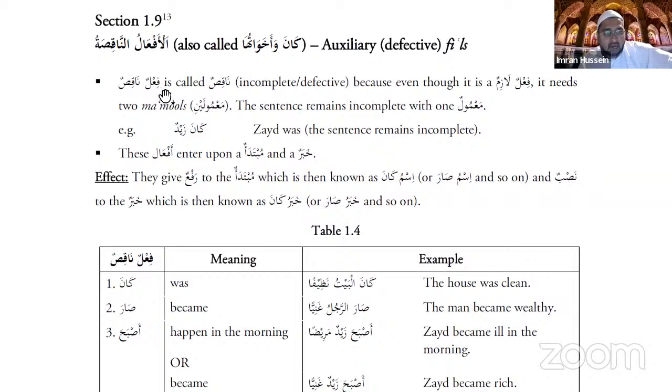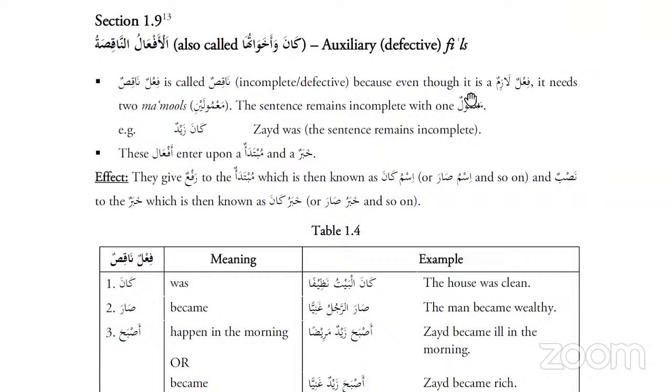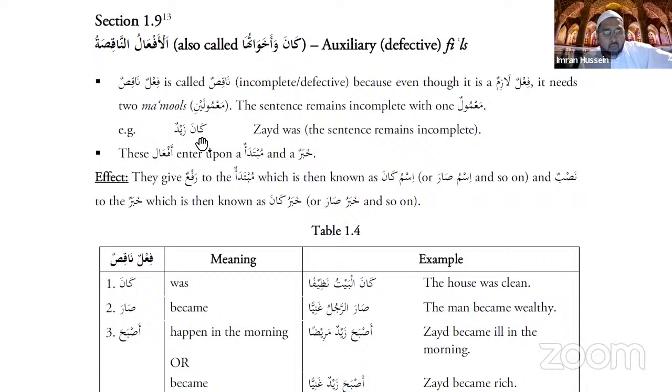So it says fi'l naqis is called naqis, incomplete, because it needs two ma'muls. What's two ma'muls? Like this one here. When we said al-baytu nadhifun, these are two ma'muls, two things which it acts on.